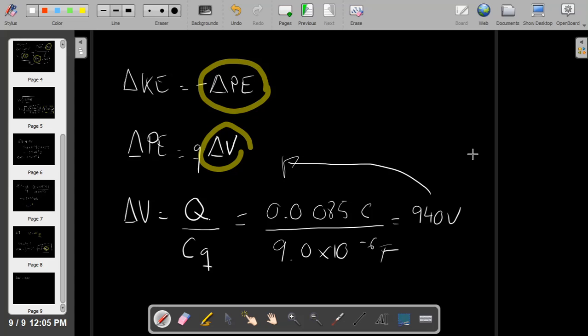But let's think about this. Let's read it for a second. It's moving from the negative plate. Okay, so that should be fine. It's traveling from the negative plate to the positive plate.